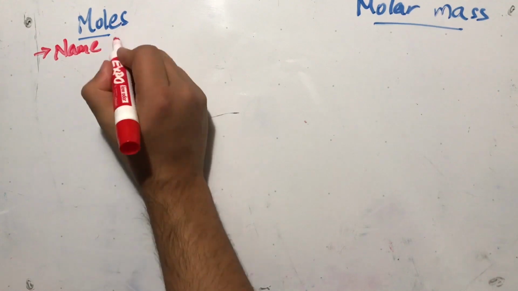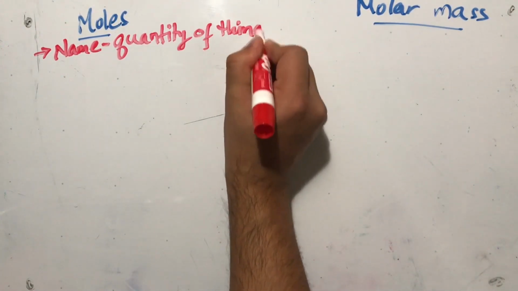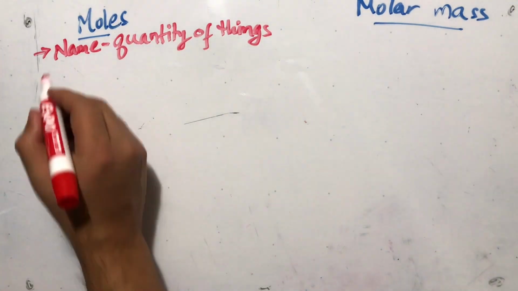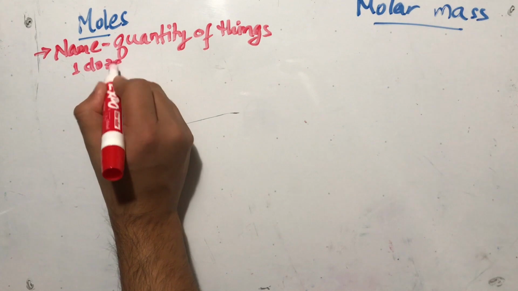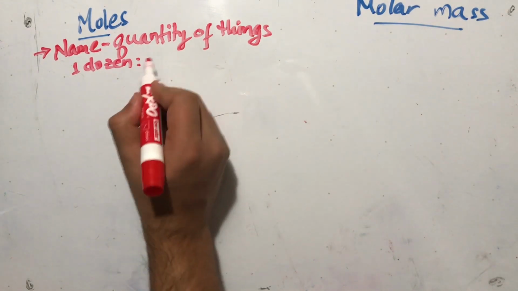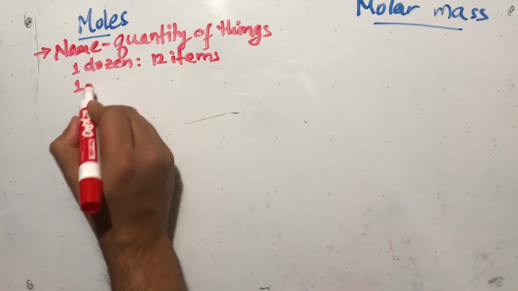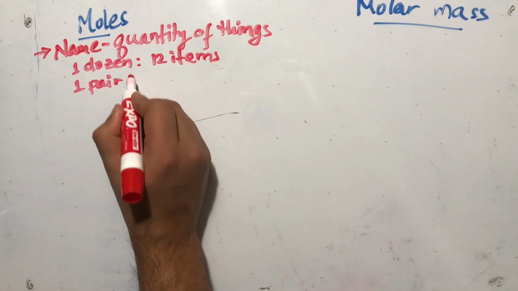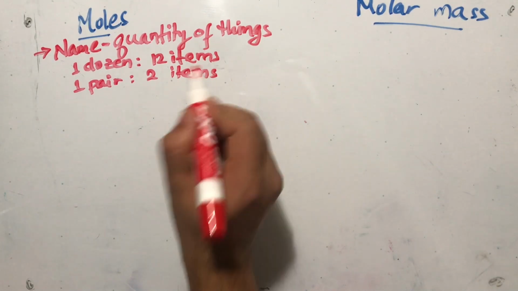It's a name given for a quantity of things. Right? So for example, when I say 1 dozen, you know that is 12 items. When I say 1 pair, that's 2 items.